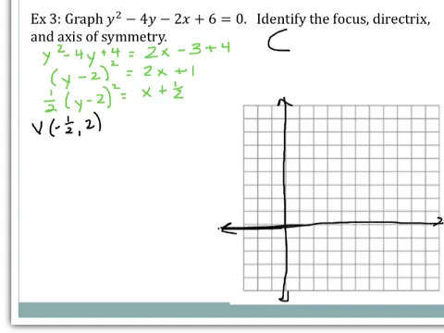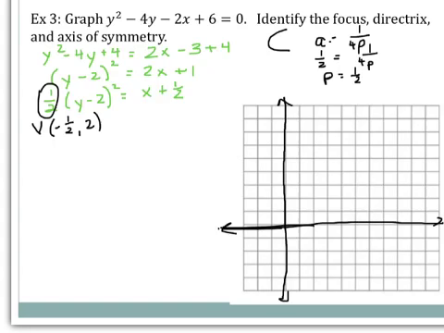A little crooked, but that's okay. Okay, now my a is 1/2, and a is equal to 1/4p. So I've got 1/2 equals 1/4p. So that means p is also 1/2, like the last one.